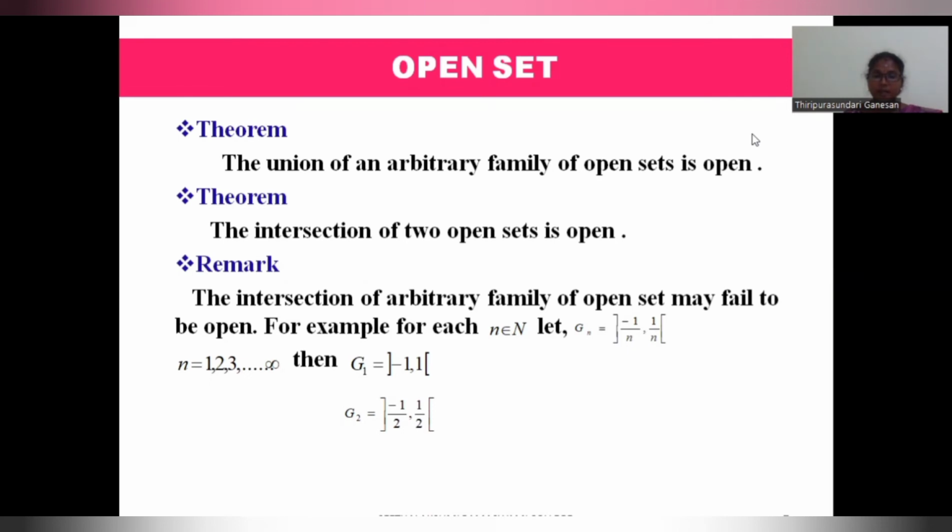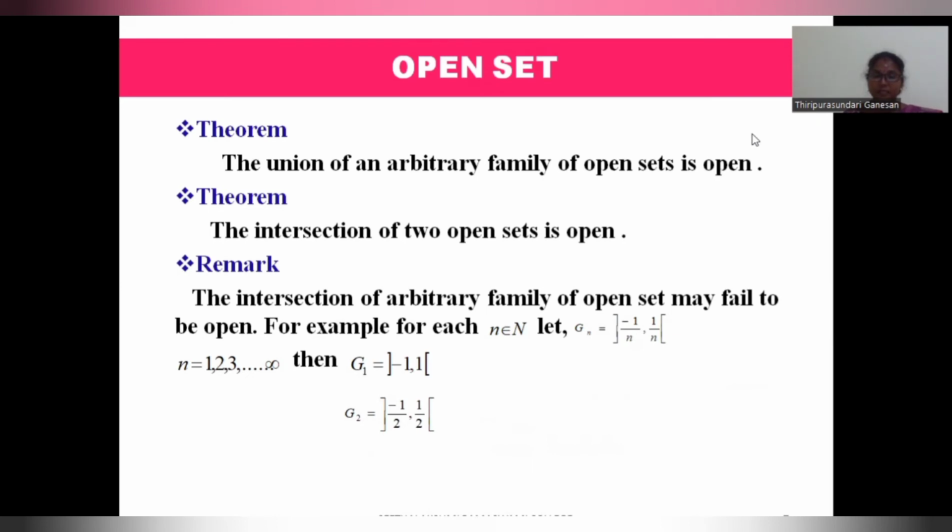In the remark, we are going to justify that the intersection of an arbitrary family of open sets may fail to be open. To prove this, I am going to take an example. Let us take a collection of open intervals, that is G_n equal to the open interval (minus 1 by n, 1 by n), where n takes values in N, the set of all natural numbers. Then n takes the values 1, 2, 3, and so on up to infinity.